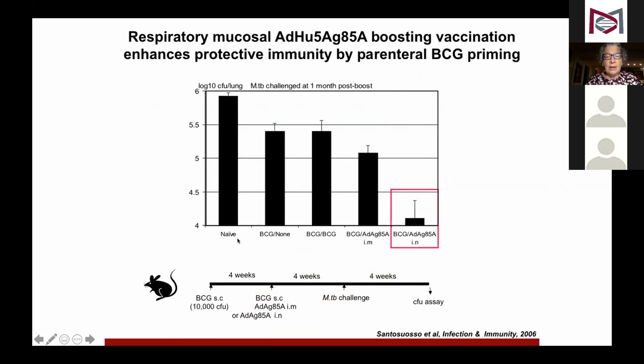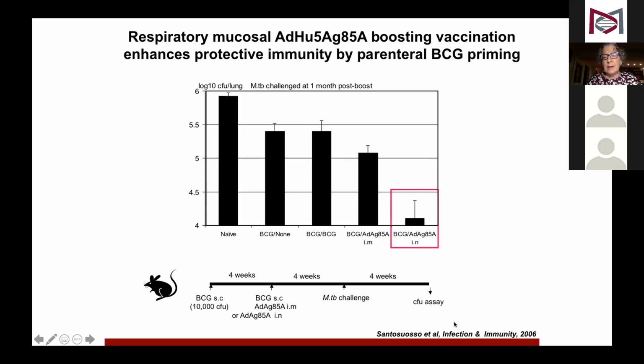Just to orient you, these were mice that were immunized with BCG and then boosted either with BCG, the adenovirus vector given intramuscularly, or the adenovirus vector given intranasally. And you can see, based on the colony-forming units in the lung of Mycobacterium tuberculosis, that the BCG-primed with the intranasal administration was the most protective.